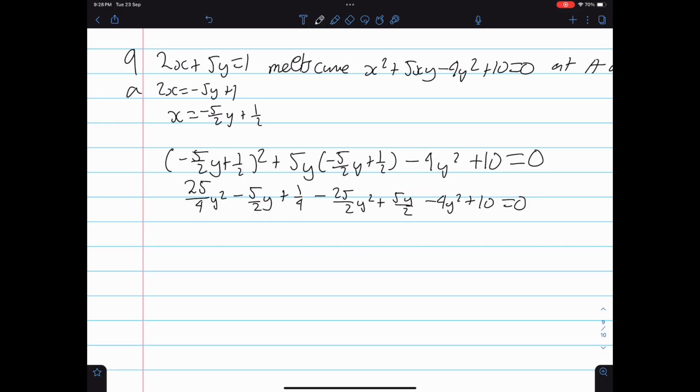I certainly hope I've done that right. Ooh, okay, this is rather difficult for me to figure out. I know those will eliminate.